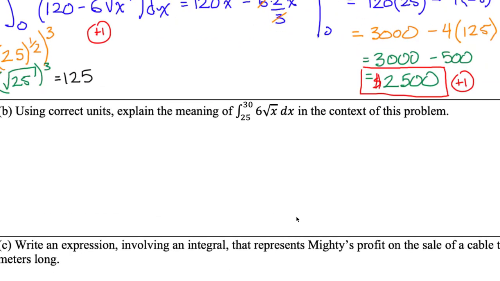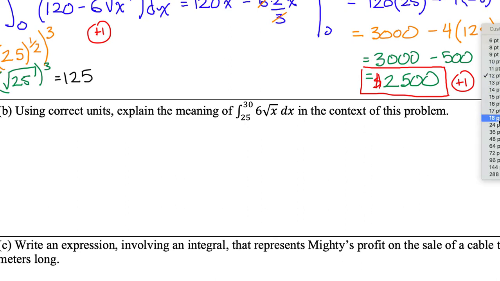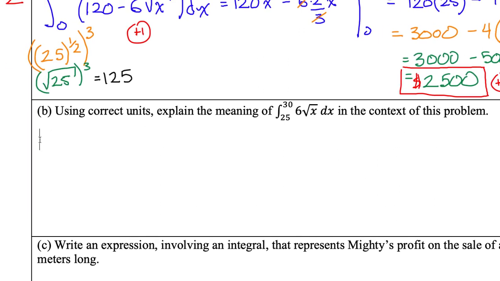All right, so part B, using correct units, explain the meaning of this integral. So this is talking about the cost, right? So if I come down here, I can type my answer. I think size 18 is appropriate.